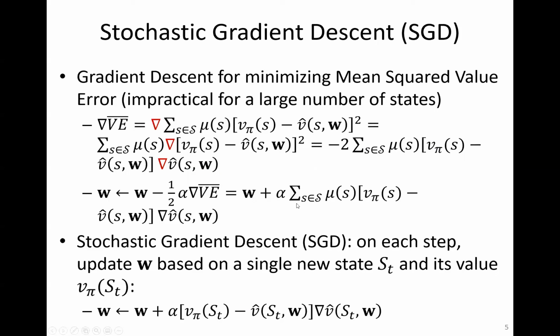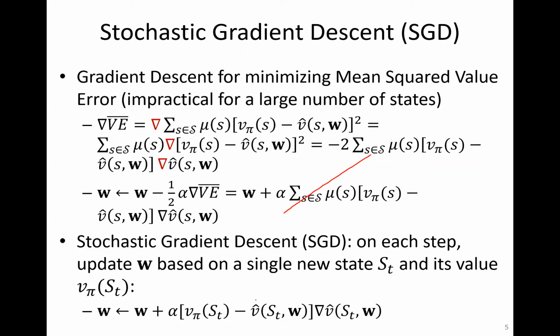We do this by sampling again. We replace this expectation by sampling to have a stochastic gradient descent. At every step, you update W based on a single new state and its value v pi. Notice first we remove the sum because we're evaluating the expectation by sampling.